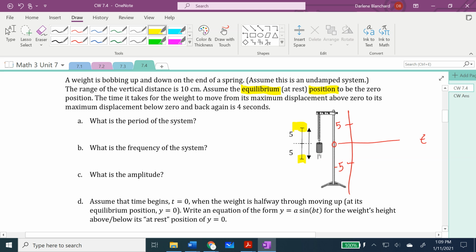I realize that's difficult to read, and what that is trying to say is the time it takes for me to start at the very top and then move down to the bottom and then move back up to the top. The amount of time for this weight to move from this position down and back up. That is 4 seconds.